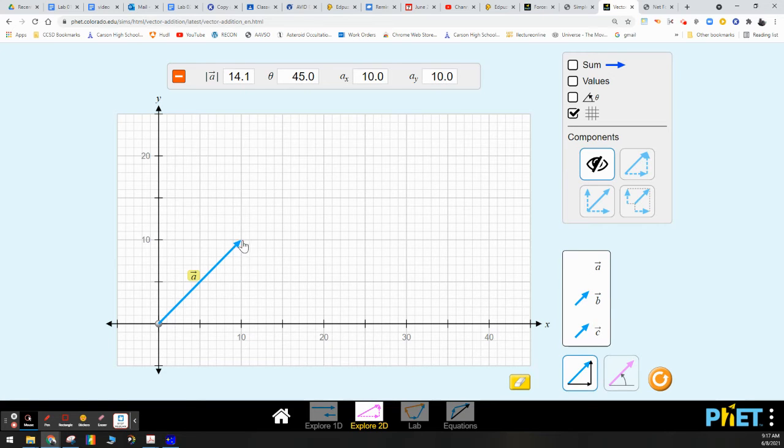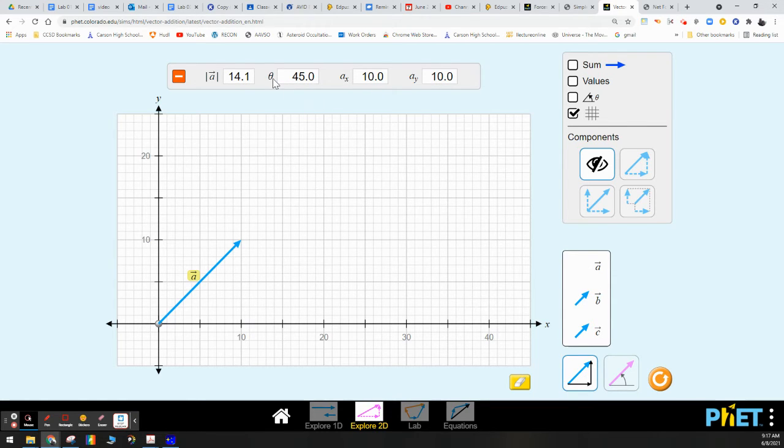There's a point here that has x and y coordinates. The x coordinate is 10, and the y coordinate is also 10.